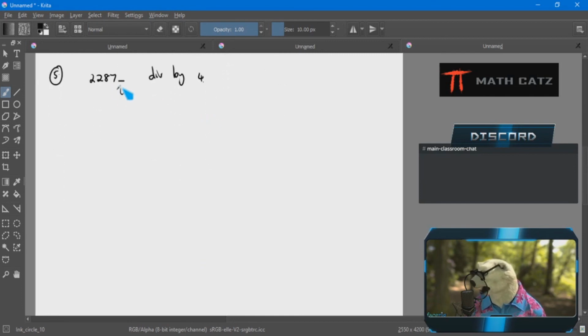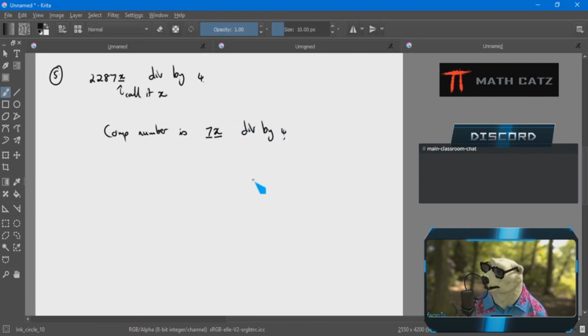So let's call it x. My comparison number is 7 something. I put a line under it, making it clear that it's not a variable in the conventional sense. It's a place in the decimal number. 70 something. And that has to be divisible by 4.